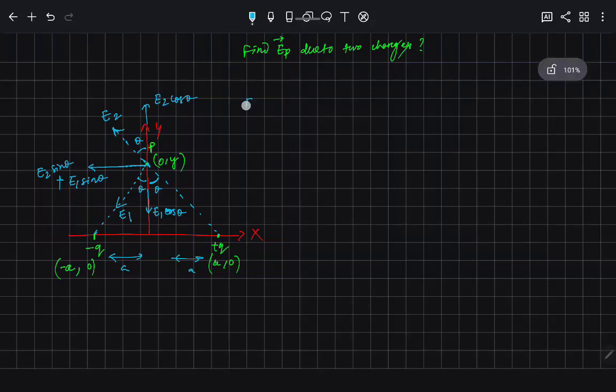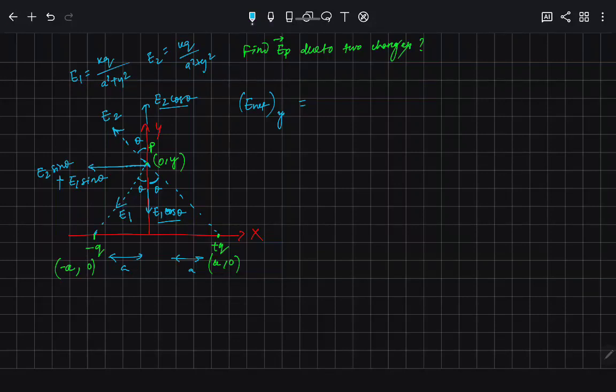If this is the same direction, you can add both. So now E net along y will be 0, right? Because E2 cos theta and E1 cos theta are the same. You know that E1 comes as kq divided by a square plus y square, and E2 also comes as kq divided by a square plus y square, because I am writing the magnitude, not the direction, which is already taken care of by the arrow mark.